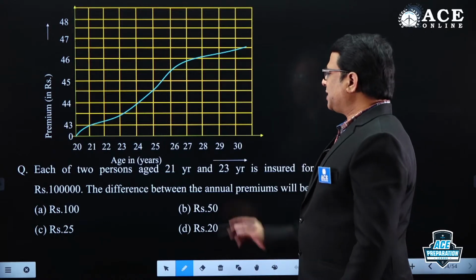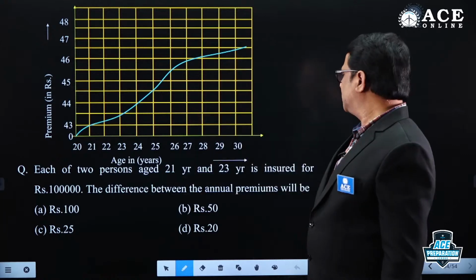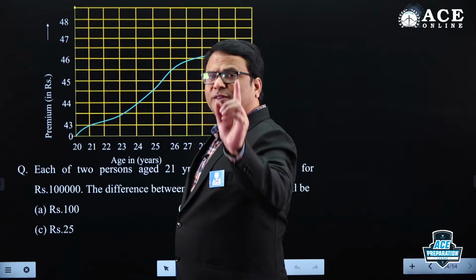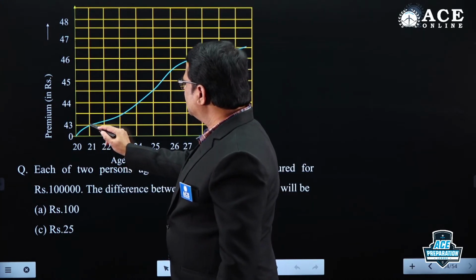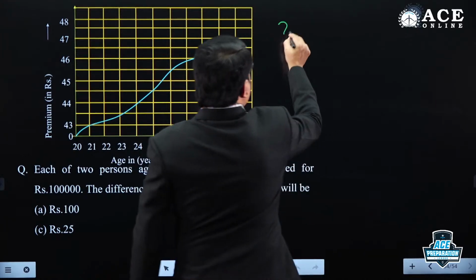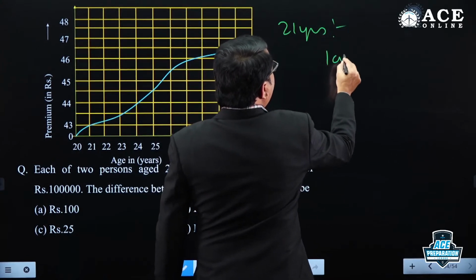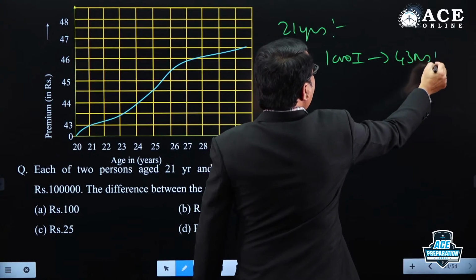Now, first I will calculate for 21 years, then I calculate for 23 years. For a 21-year-old person, how much premium will he pay for 1,000 rupees insurance? For 21, it is 43. You can see here it is 43. So I write here 21 years. For 1,000 rupees insurance, he will pay 43 rupees premium.